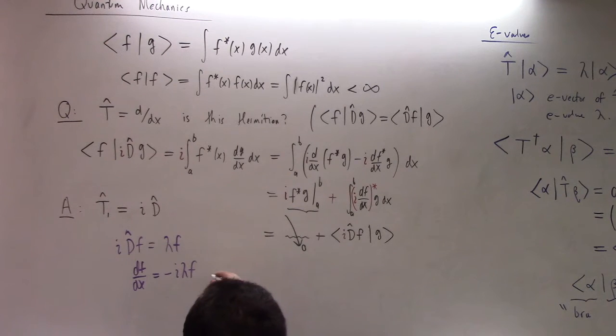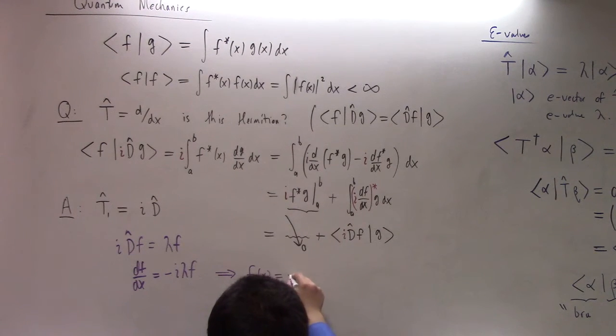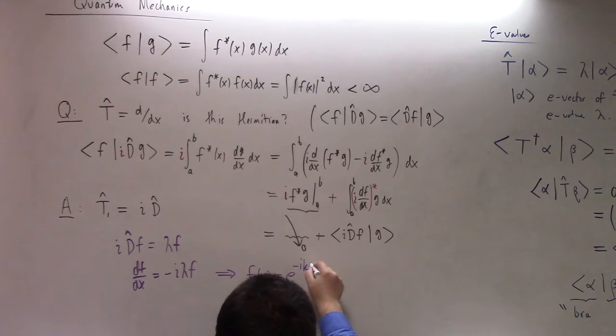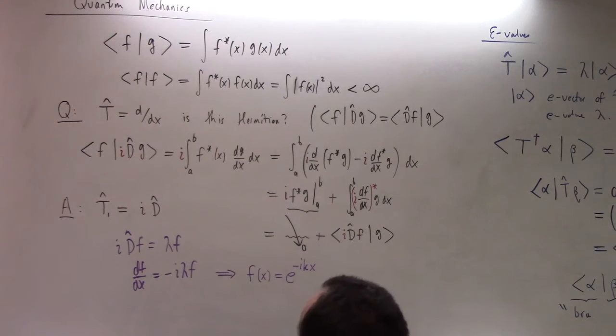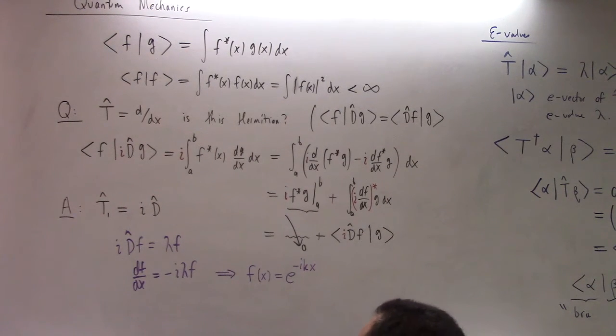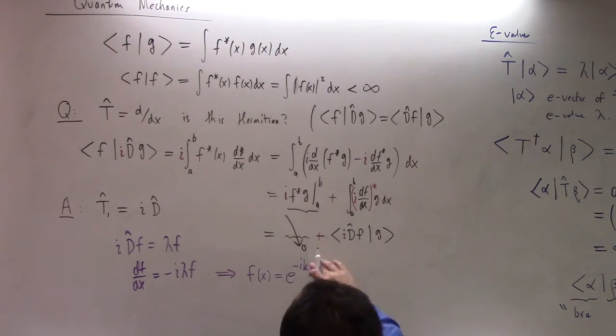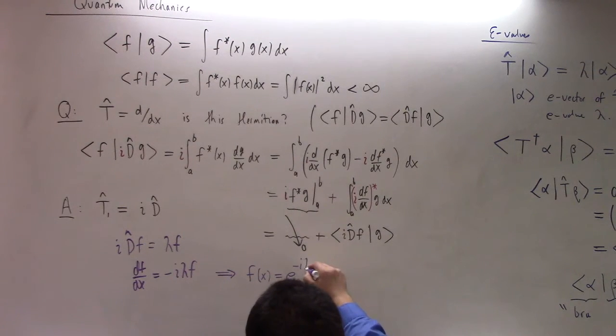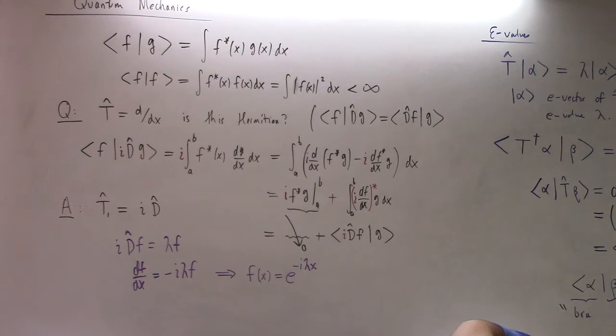So we can easily see that the solution to this is something like f of x equals e to the minus i lambda x. Sorry. Does that work?